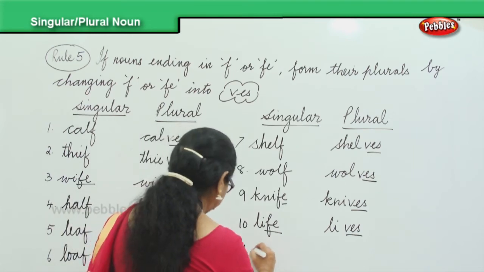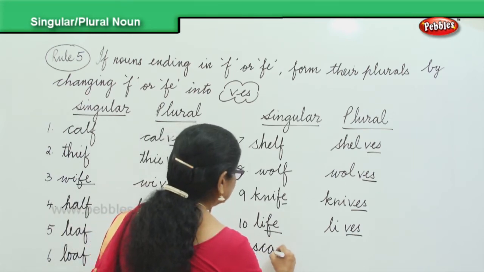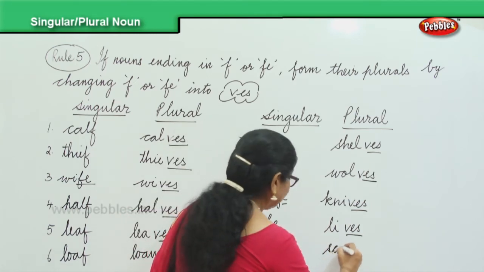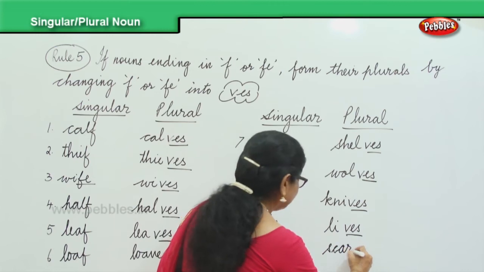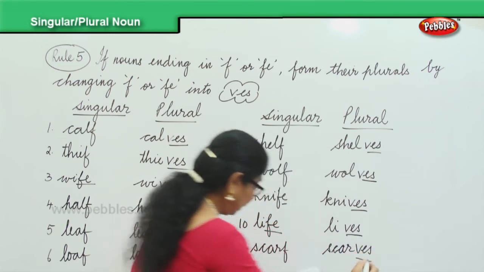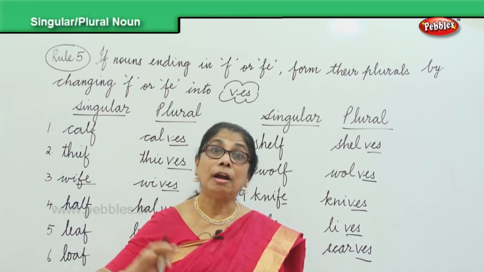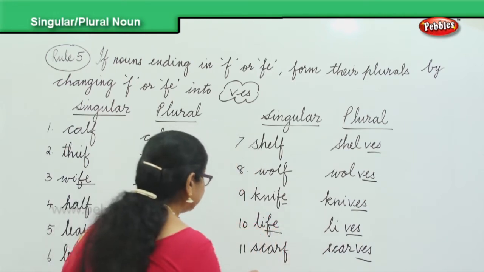Scarf. You have scarves. Then you have sheaf. Corn, sheaf of corn or rice, whatever. Sheaf.